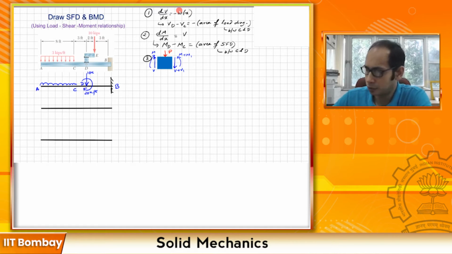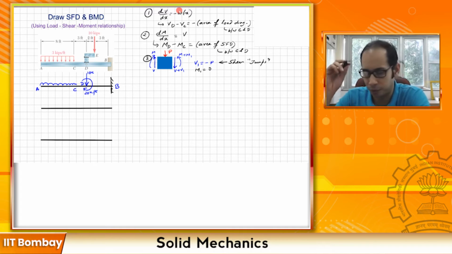What we found in this one, was that V1 was equal to minus P. So that meant that your shear undergoes a jump, right? And our M1 was equal to 0. So no change in moment when you have a point load.